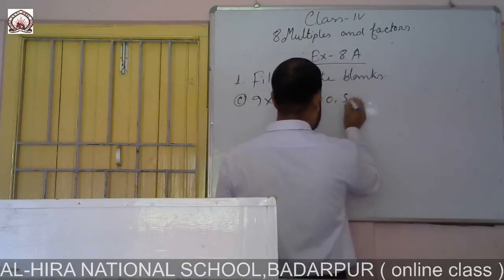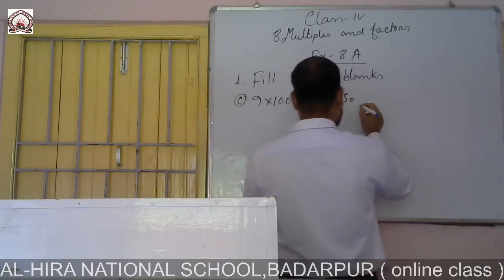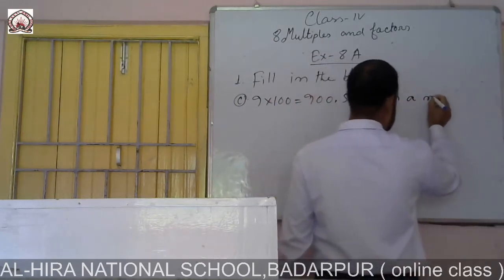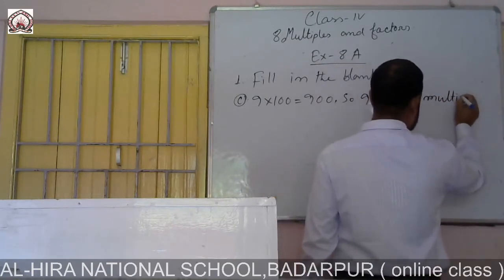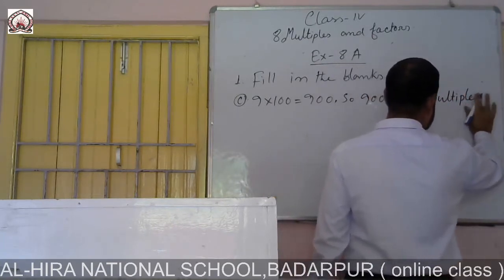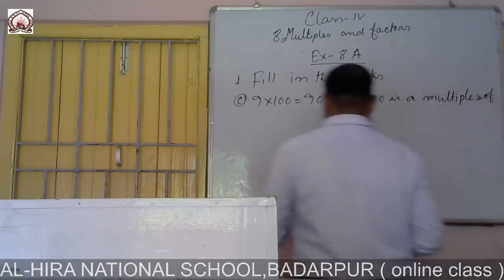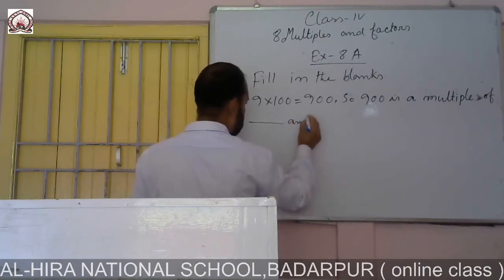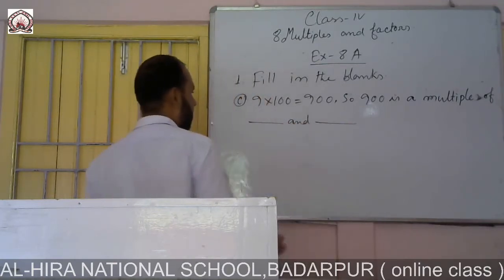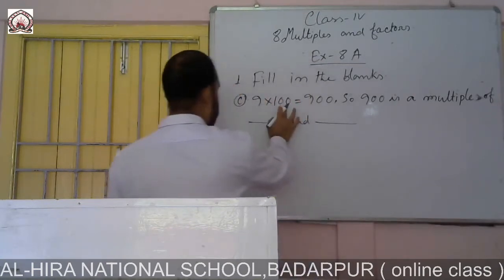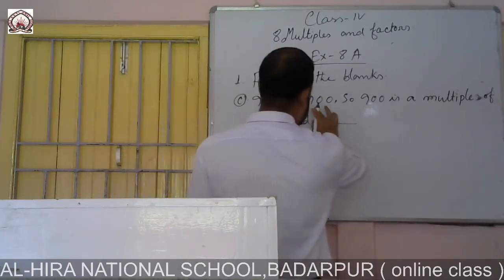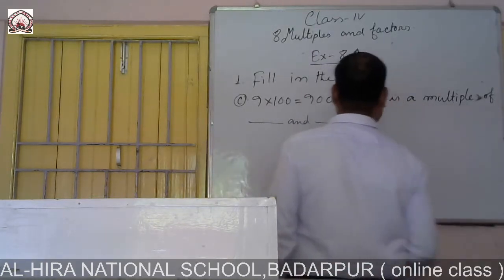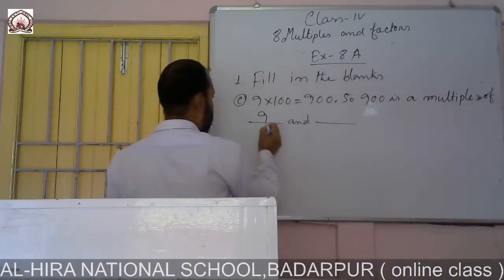So 900 is a multiple of dash and dash. So similarly it is 9 and 100. 9 into 100 equal to 900. So 900 is a multiple of 9 and 100.